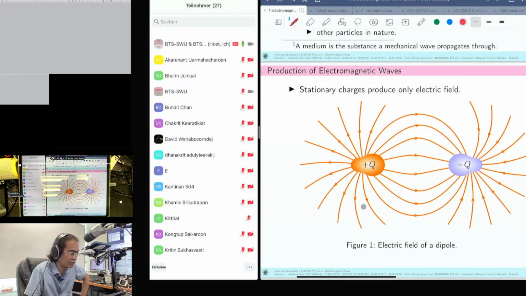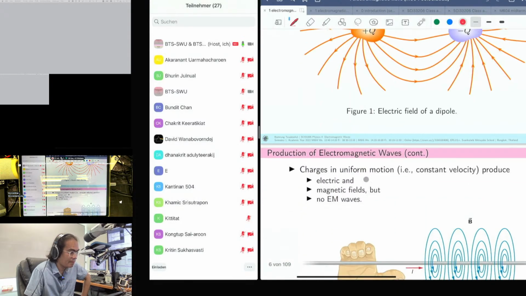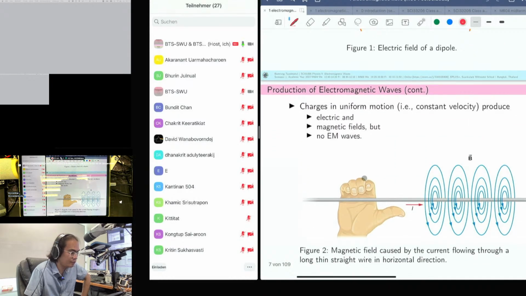This is what you may have seen before in different areas of physics. Let's go further to get close to how the electromagnetic wave is generated.